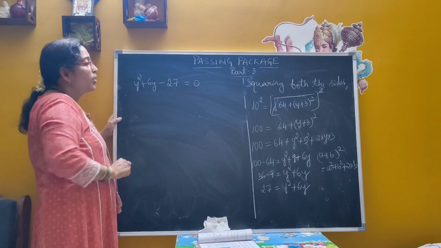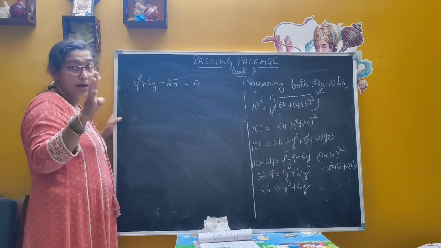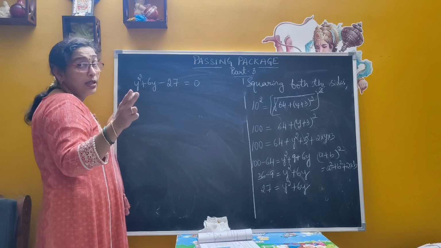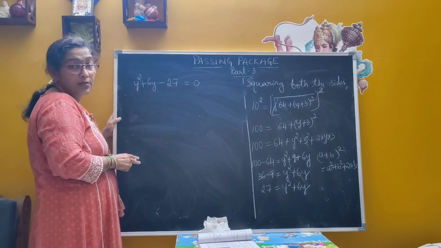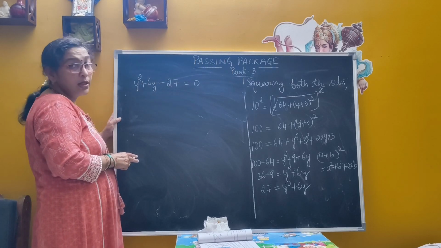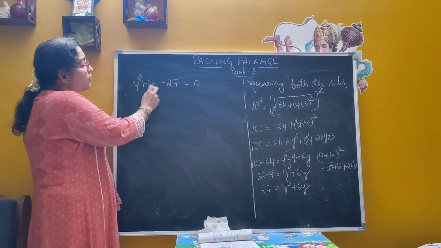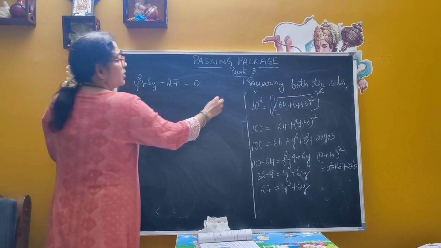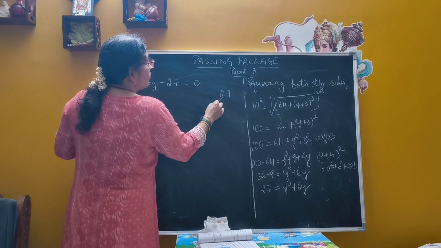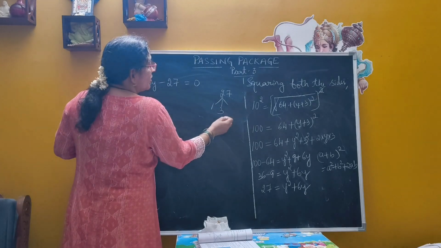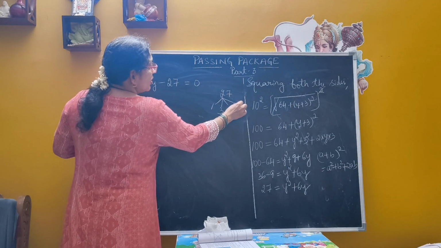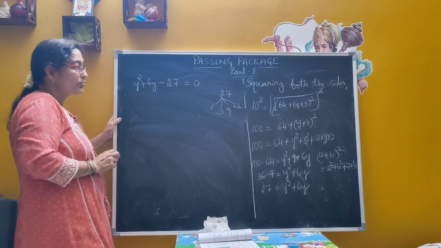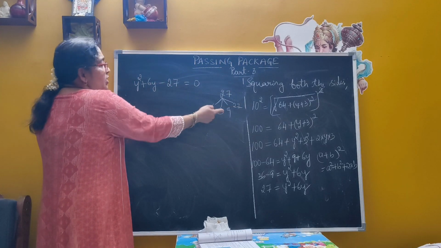So which are the factors of 27? 1 27s are, 3 9s are, then 9 3s are, then 27 ones are. These are the products. So which two factors can be taken?